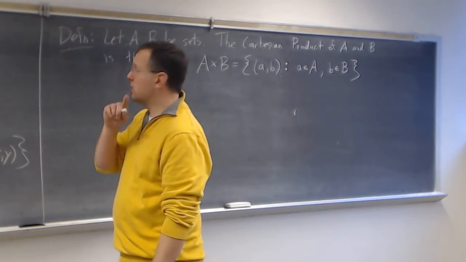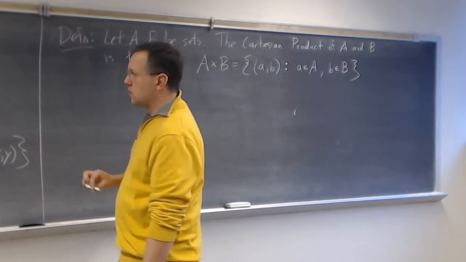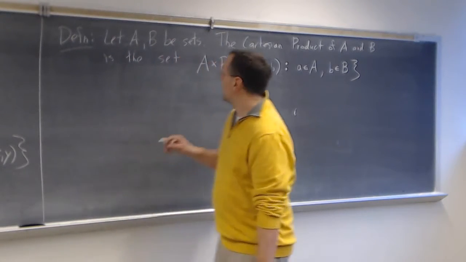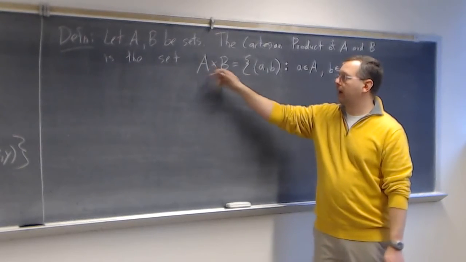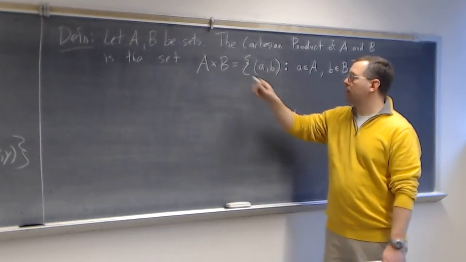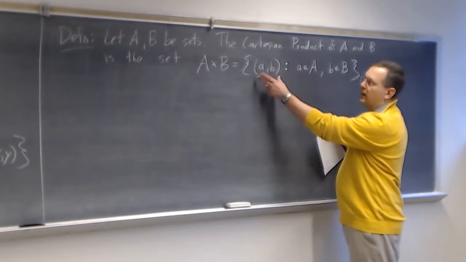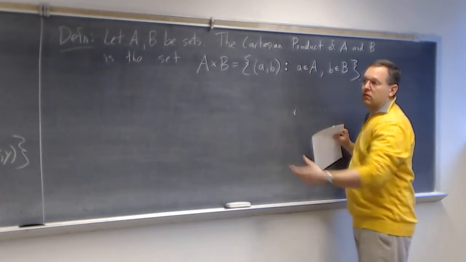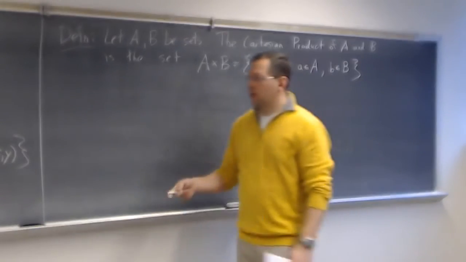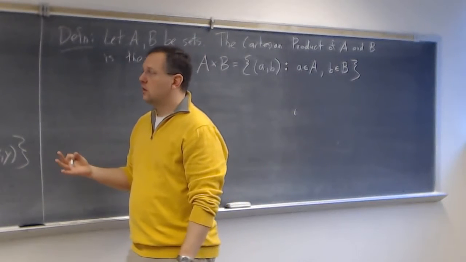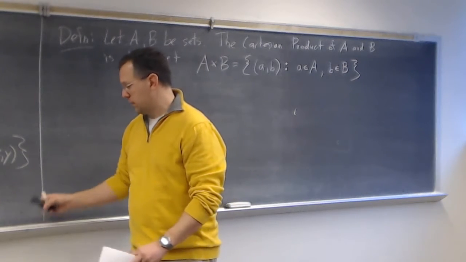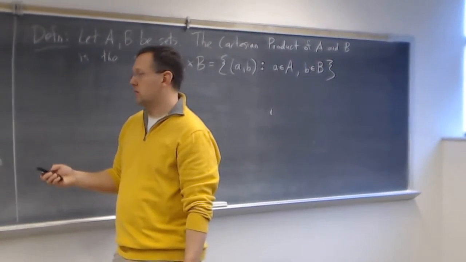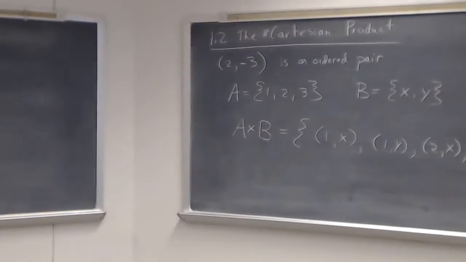Now let's talk about the size of this set. If all the first coordinates can be elements of A and all the second coordinates have to be elements of B, let's think about how many ordered pairs you can get. On the last example, my set A had 3 elements, set B had 2 elements, and A cross B, the product, had how many? 6.